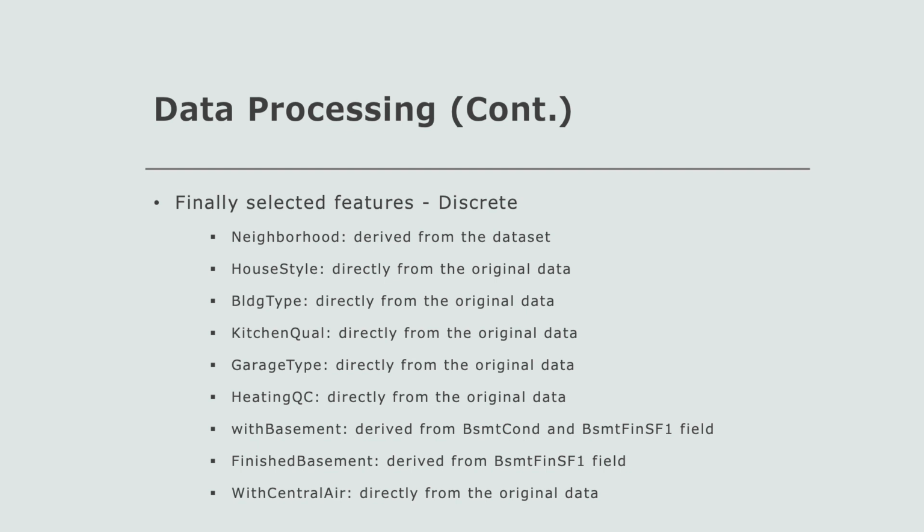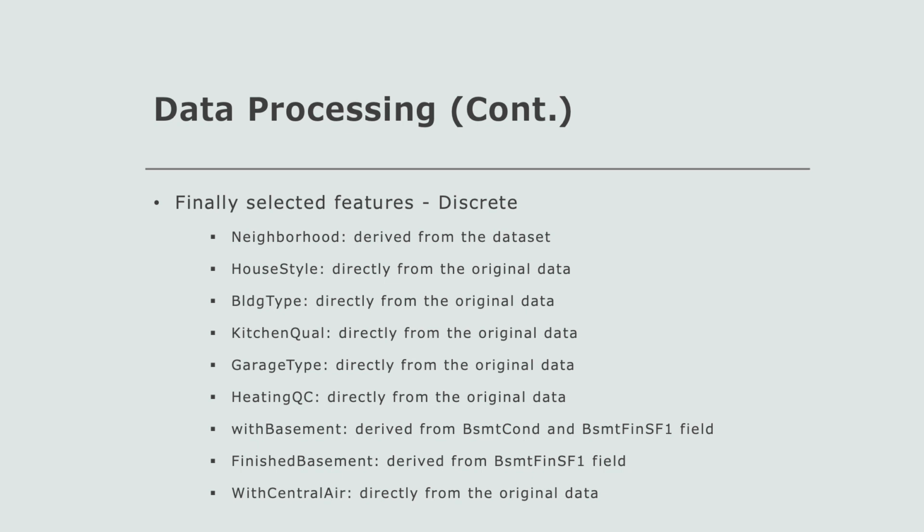And moving down, we have the features about basements. First off, the with basement feature is derived from both of the 2 fields listed here. It's an indicator about whether the house has a basement or not, like you can tell based on the wording here. And if you have a basement, then we have the finished basement feature.